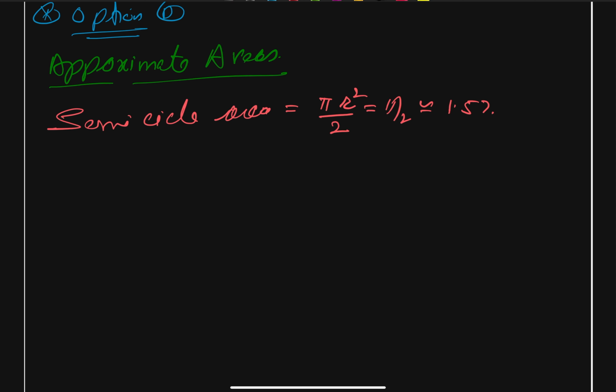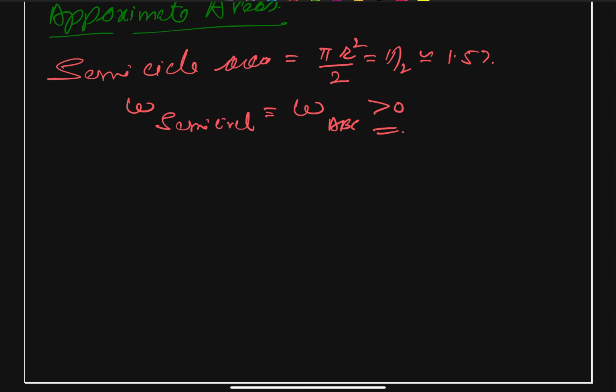So we are only interested in sign, so we can say that the work done for our semicircle, which is work done ABC, is greater than 0. And we have our ellipse area, which is our work done CDA, will be also greater than 0.